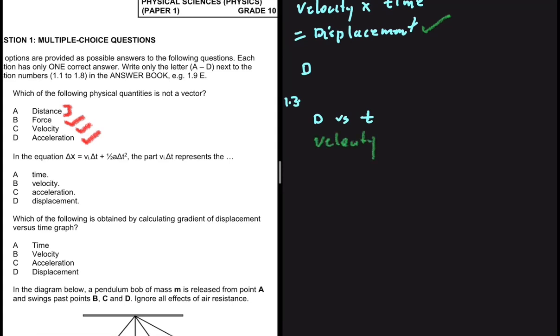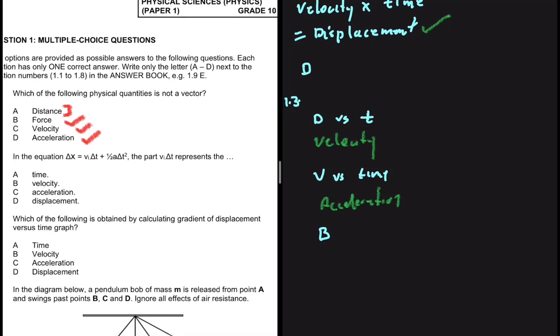And if you calculate the gradient of velocity versus time, then you will get acceleration. So the answer to 1.3 is velocity, which is option B. If the question was saying velocity versus time, the gradient would give us the acceleration.